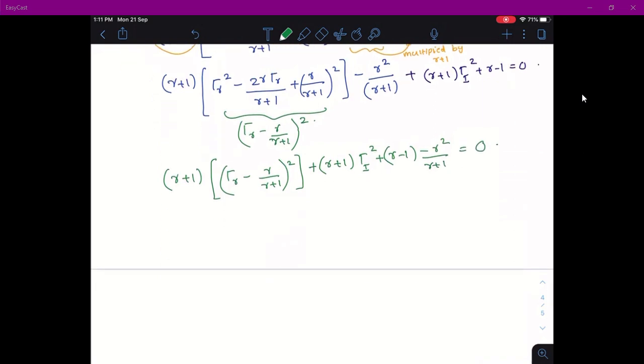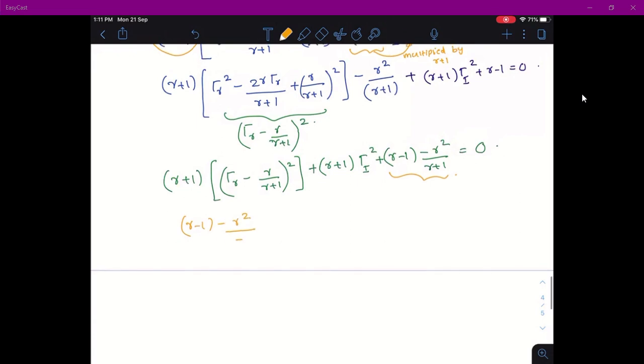So let's calculate what this term is. That is r minus 1 minus r square by r plus 1, which equals r minus 1 into r plus 1 minus r square by r plus 1. So this is r square minus 1 minus r square by r plus 1, that is minus 1 by r plus 1.